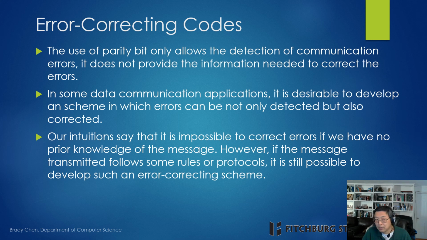Now, the other question is, why do you want error correcting? Let me give you an example. Suppose we want to perform a communication between the Earth and Mars. Typically, even when the Earth and Mars are at their closest distance, the light is still going to travel at least a couple of minutes.